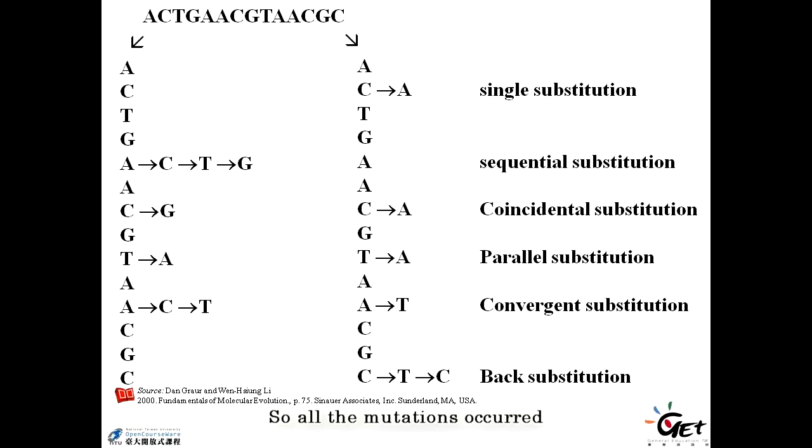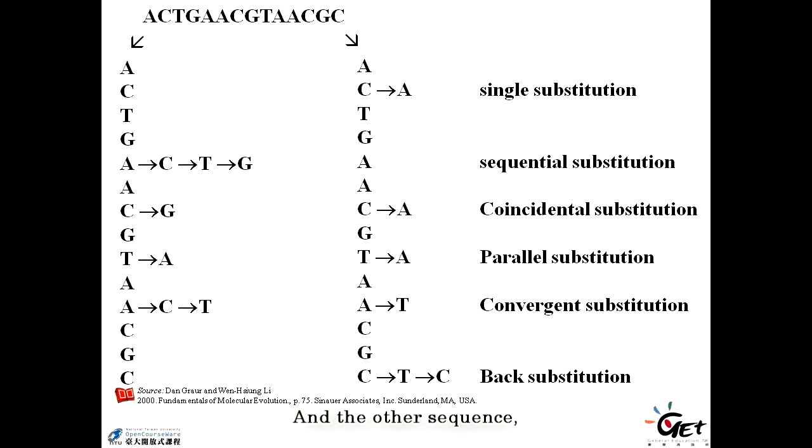So all the mutations occurred in historical time. But at the end of the sequence, for example in the middle part, we have one sequence from A changing to C, changing to T, then changing to G. And the final state is a G, right?